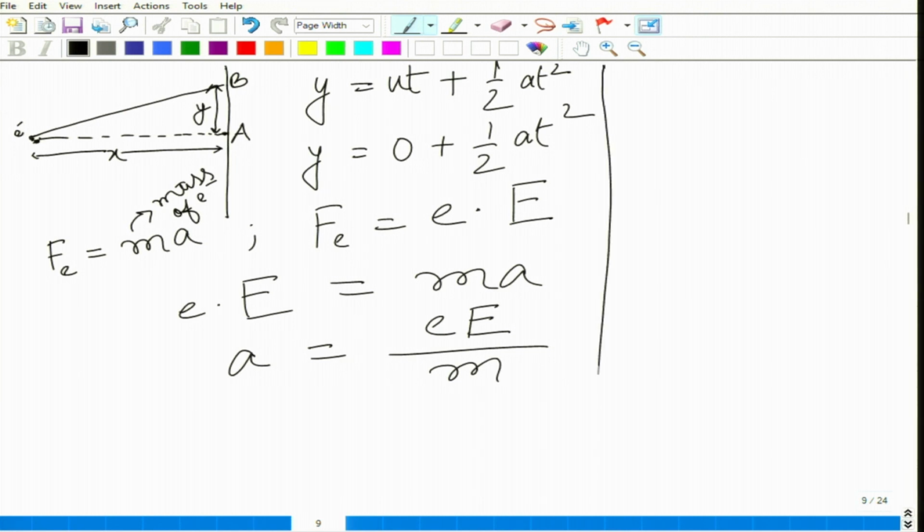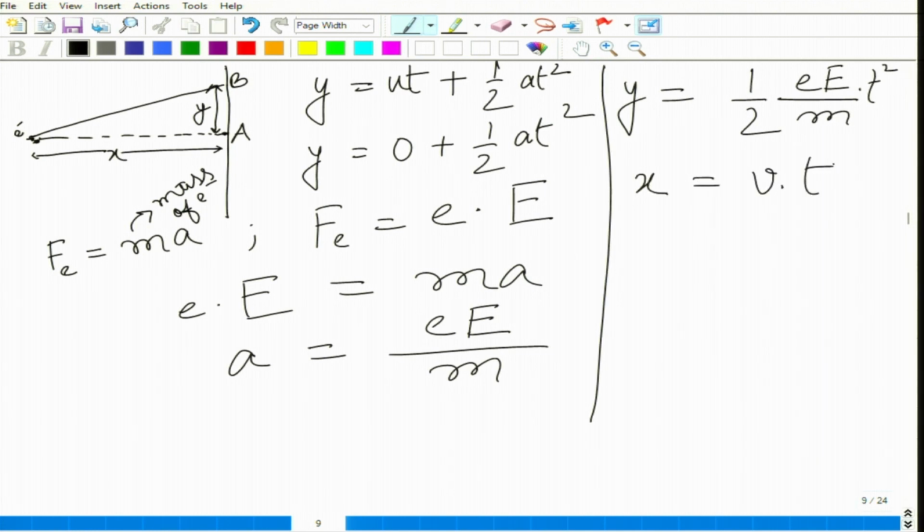So if we put the value of a in this, we get y. Now this is the total distance covered by the electron from the source to the point A. This distance is x. So x equal to v into t, where v is the velocity of the electron.